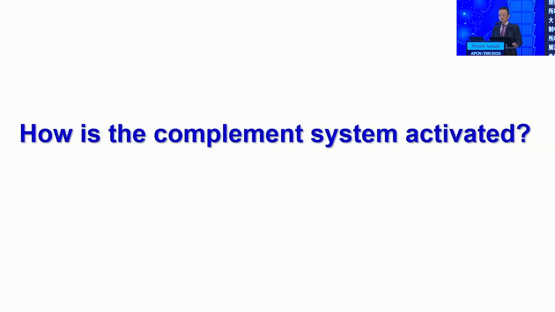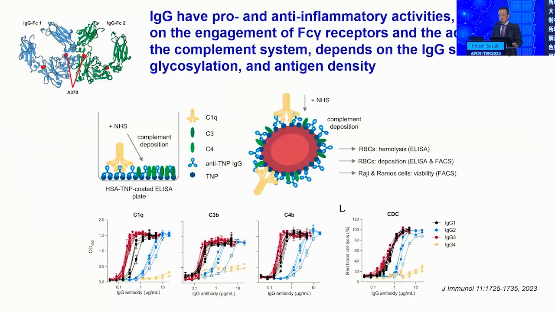So how is the complement system activated? IgG has pro-inflammatory and anti-inflammatory activities depending on the engagement of the Fc gamma receptors, and the activation of the complement system depends on the IgG subclasses, glycosylation, and antigen density.